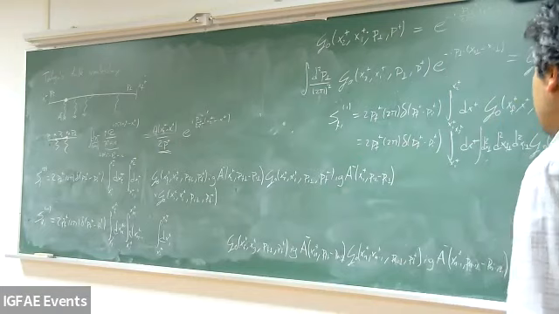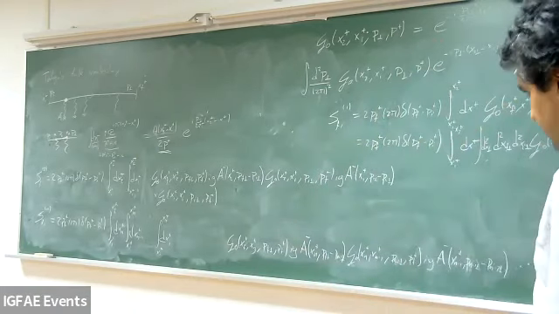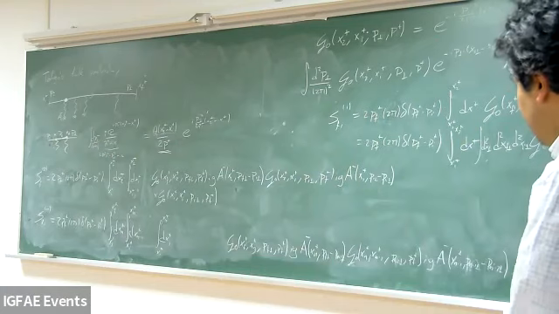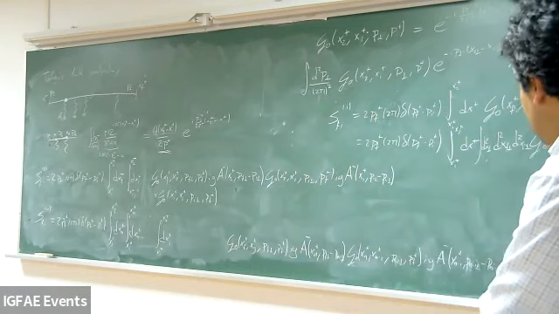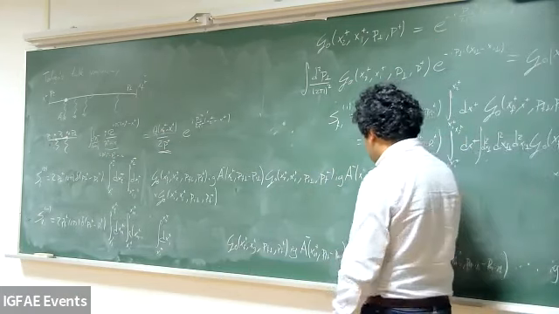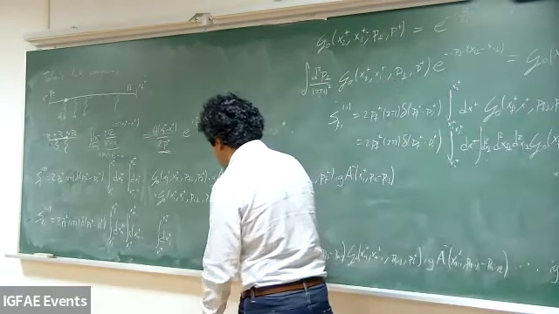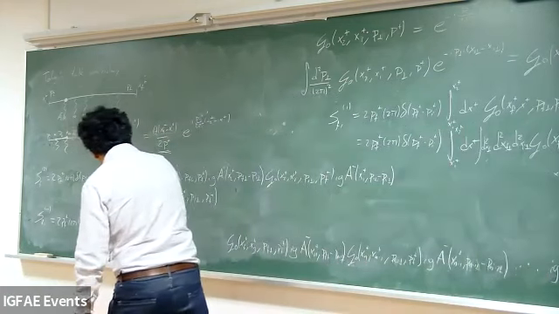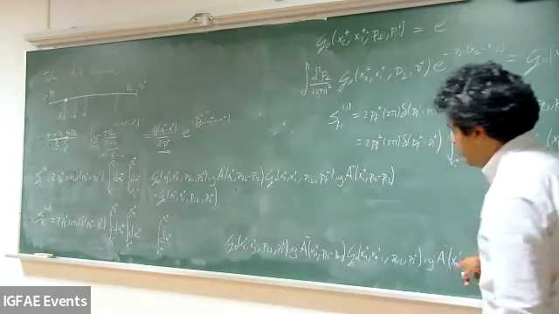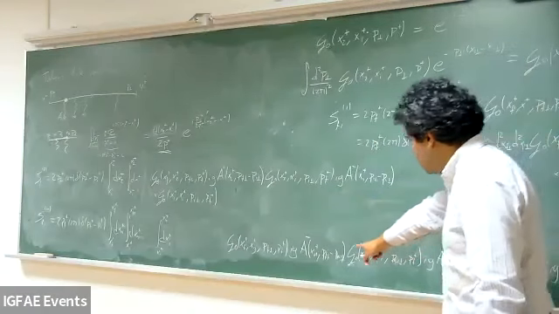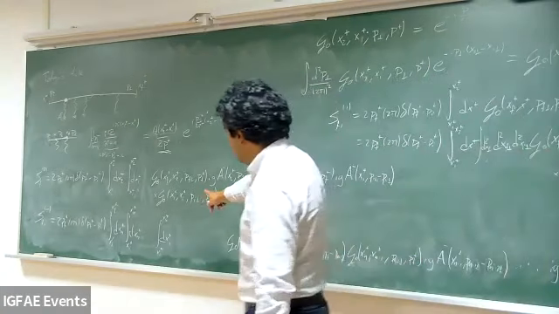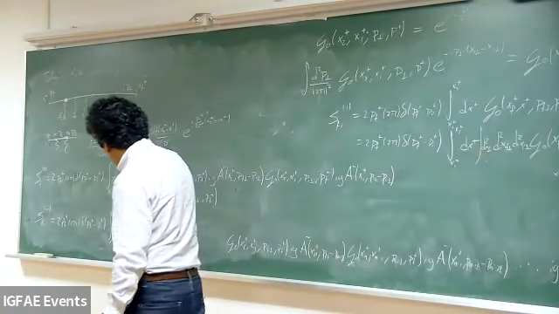So now, we want to add up all these things. What do we do to sum the whole thing? If you forget about these propagators, what you have is just the ordered product of the A's, the limits and the integration, making sure that it's ordered.